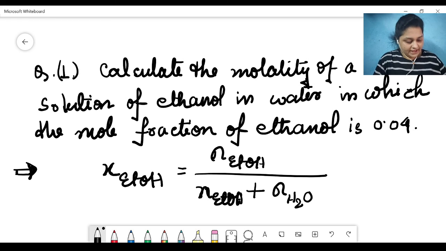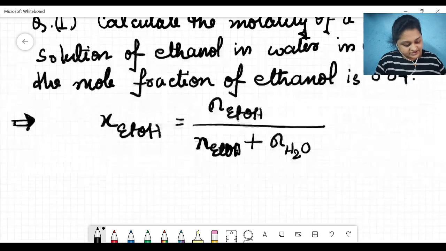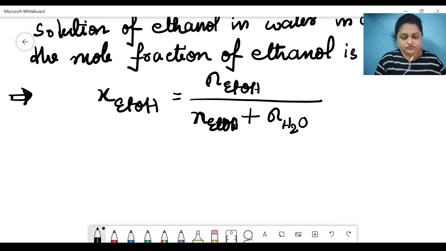Now to calculate the molality, we need to take 1000 gram of the solvent. The solvent in this case is water, and as we need to find out the molality, the mass of the water in this solution we are going to assume to be 1000 gram.